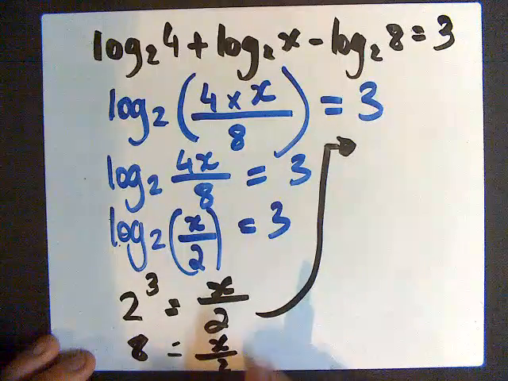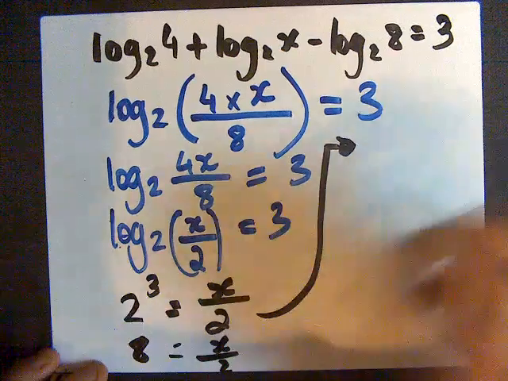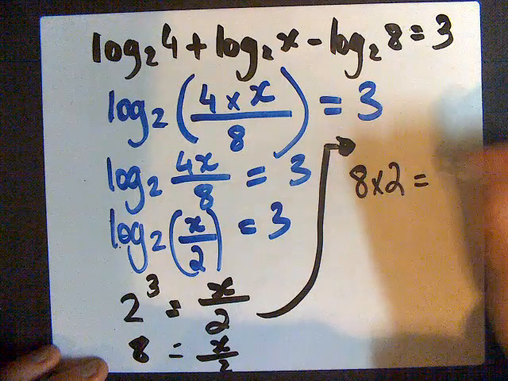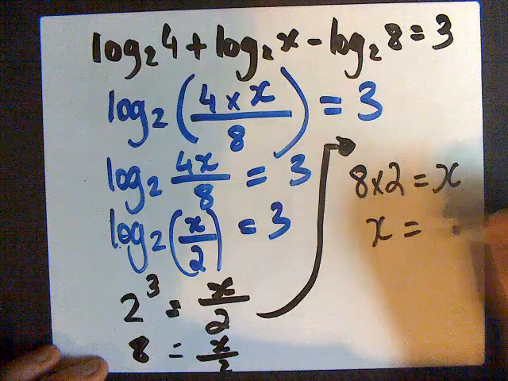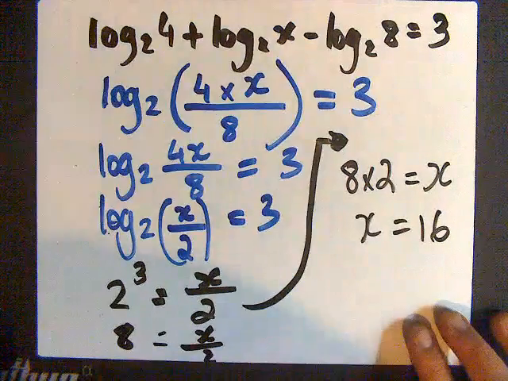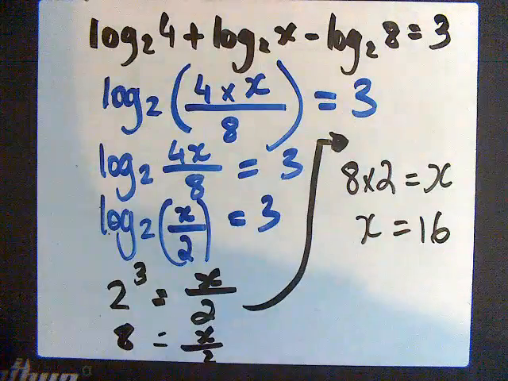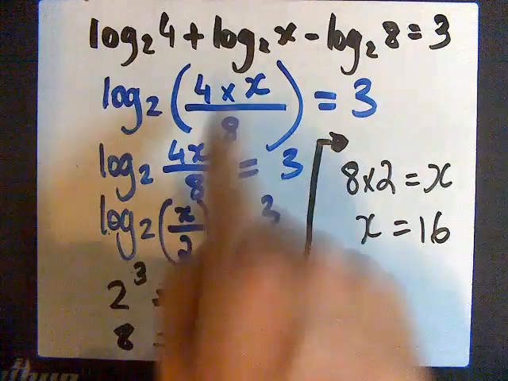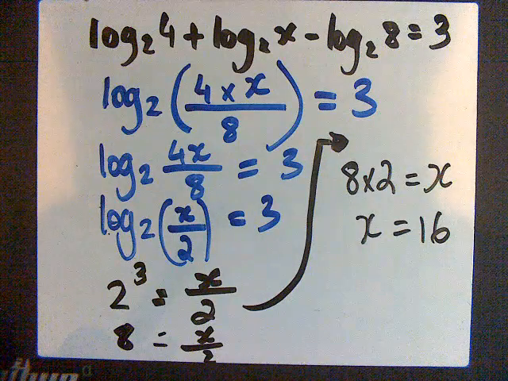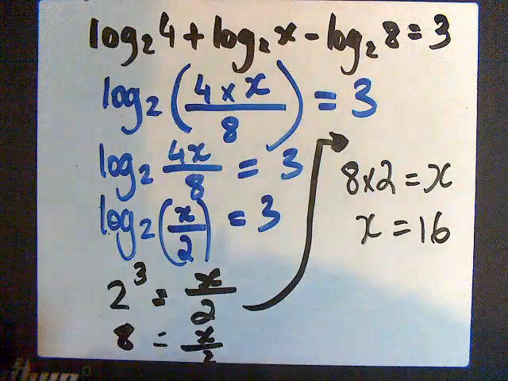Now I need to get rid of that 2 on the bottom of x on 2, so I'm dividing by 2, so it's times by 2. That becomes 8 times 2 on the left hand side, going to equal x, therefore x is going to equal 16. This one looks messy from the outset because of all these operations you need to do, but if you just take it one step at a time, it's quite easy to get yourself into your general logarithmic equation form and then solve for x from there.